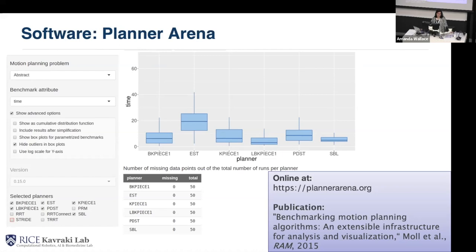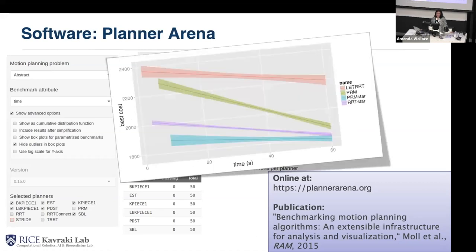And there are, as I told you, several different planners, and OMPL currently has more than 60 of these planners. And if you are talking about an asymptotically optimal planner, it will give you the best cost as a function of time, because it's not only important to choose a planner that is asymptotically optimal, you probably want to choose one that has good convergence properties for your particular problem.